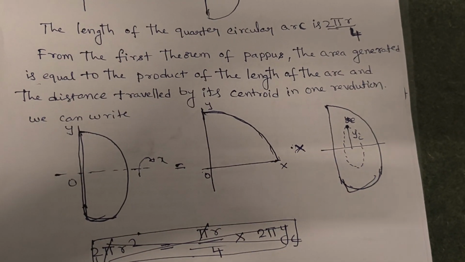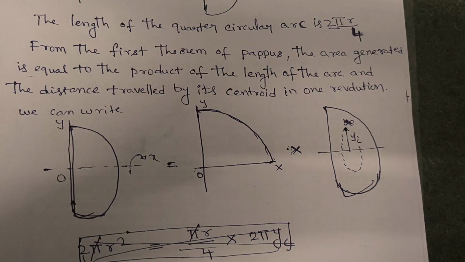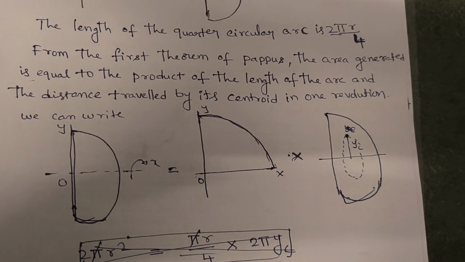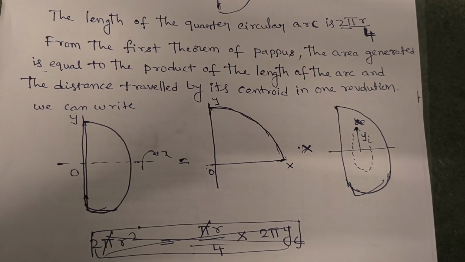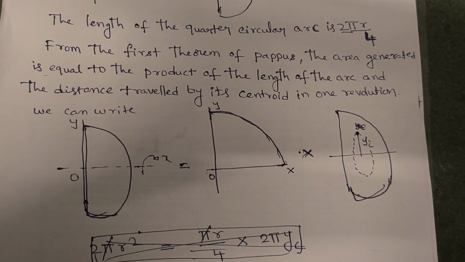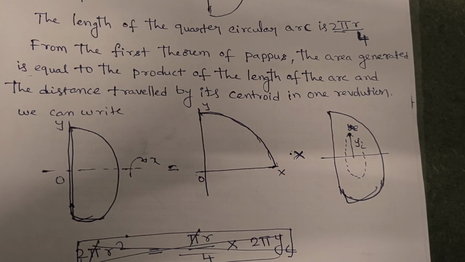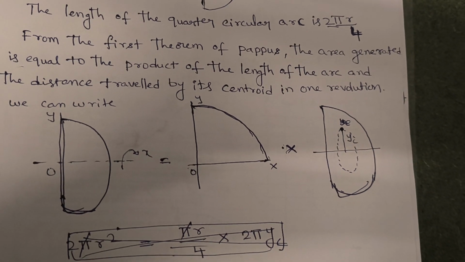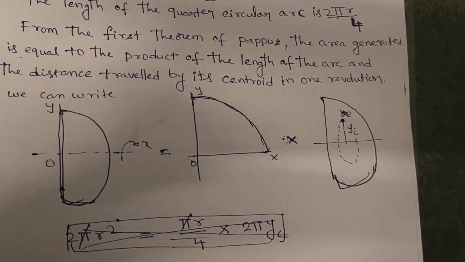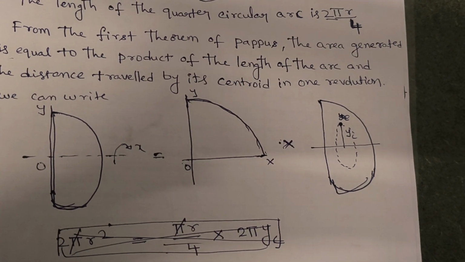It forms a hemisphere, and that area equals the length of the arc multiplied by the distance traveled by its centroid during one revolution.